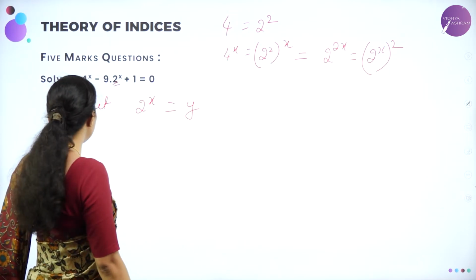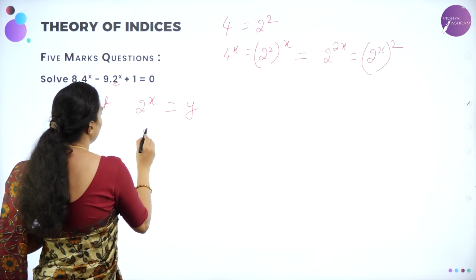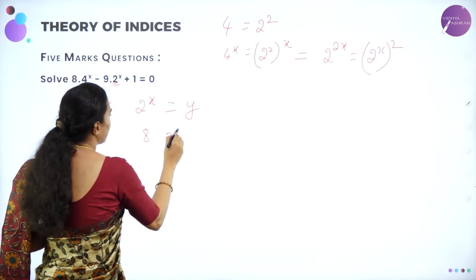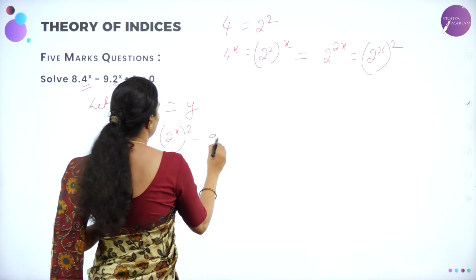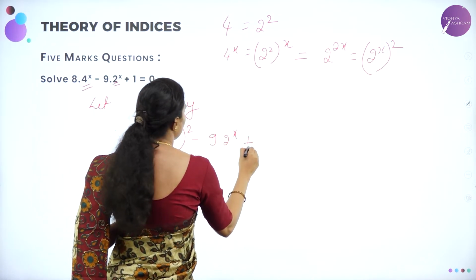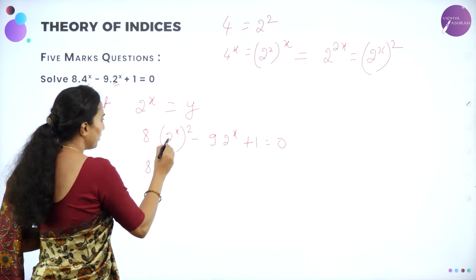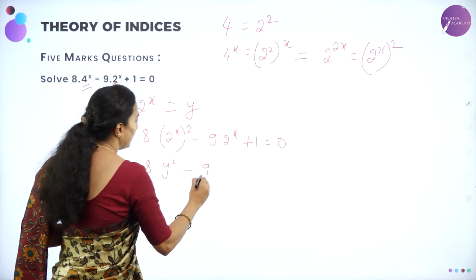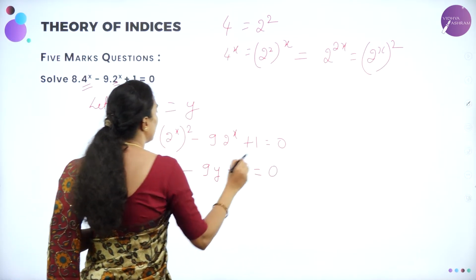So therefore what happens if I substitute according to the equation? 8 into 2 power x whole squared minus 9 into 2 power x plus 1 equal to 0, which will become 8 into y squared minus 9 into y plus 1 equal to 0.